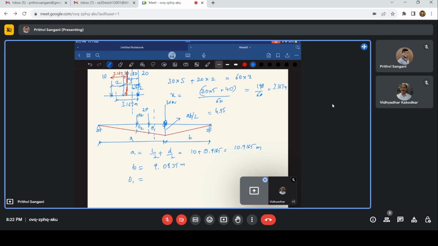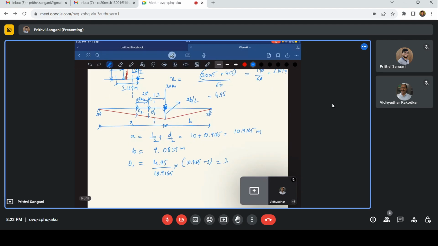So O1 is going to be 4.95 divided by 10.9165 multiplied by, this is a tricky part, this is 3 and this is 2, 10.9165 minus 3. That is 3.59.